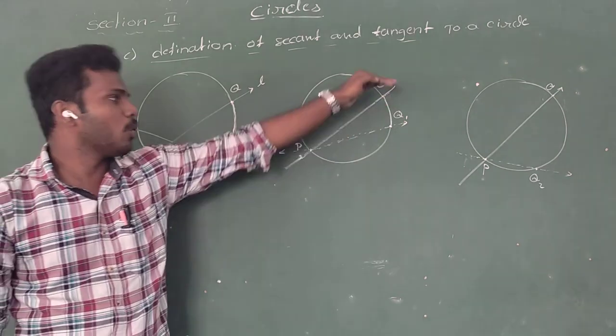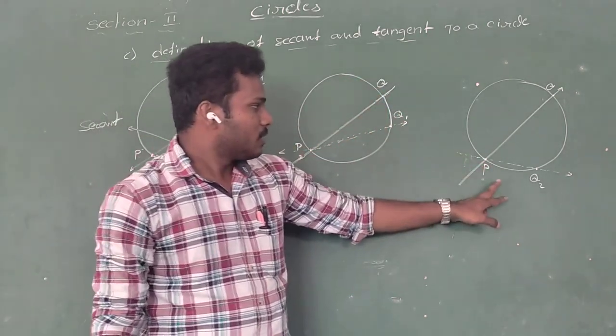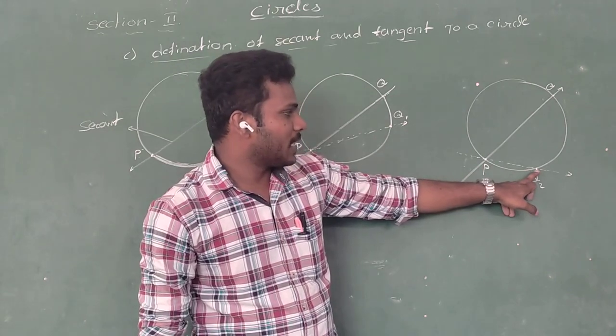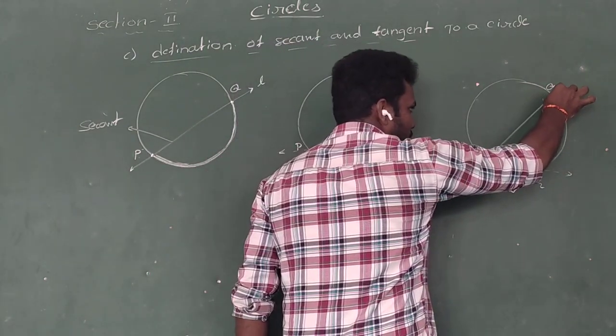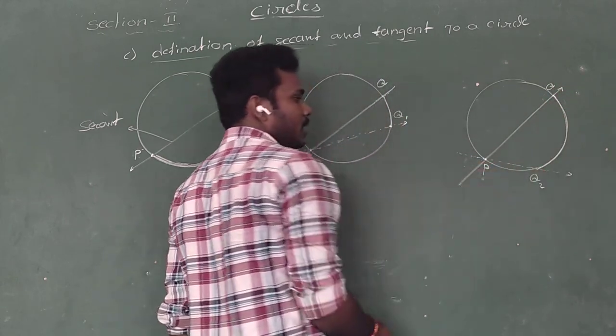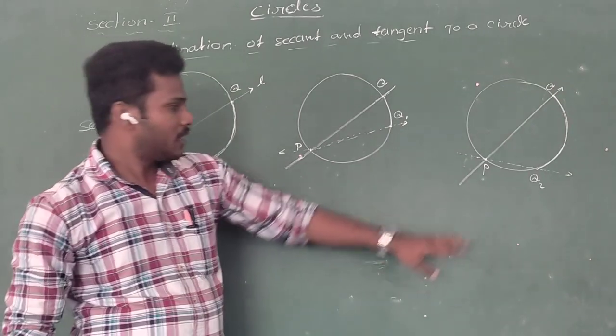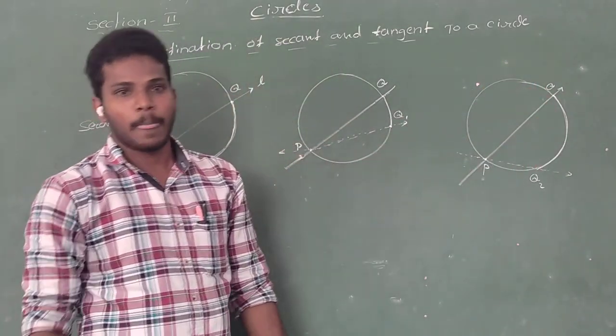P has no change. Q only moves to approach the point P. In the next diagram, I am taking Q2 here. Q is approaching P along this path, moving up to here. P is in the same position, but Q changes position to approach P.